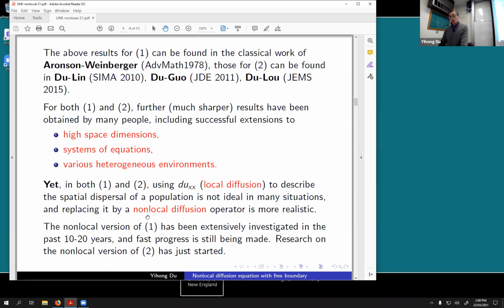Very often, non-local diffusion would capture the dispersal more fully. For that reason, these non-local diffusion problems have gained lots of popularity. In the last 10 to 20 years, there has been lots of new research and powerful people moving into this area.